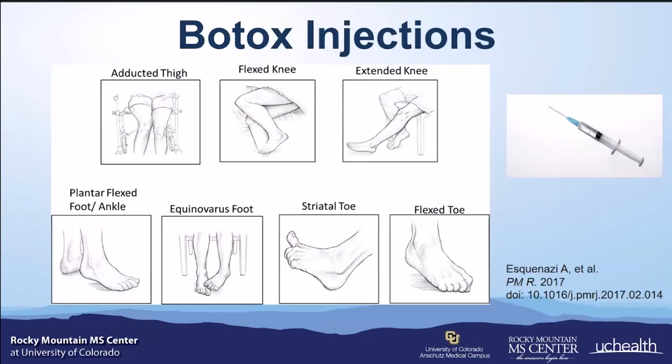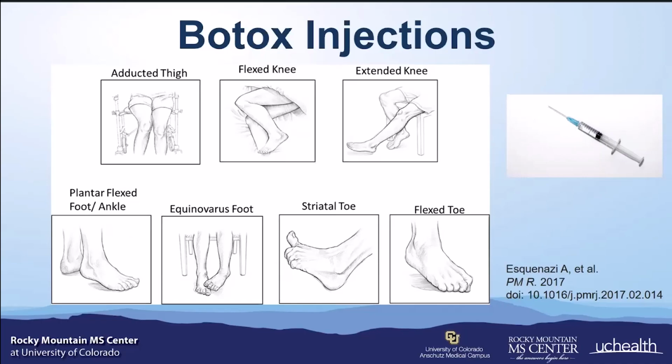Here's another modality that we sometimes use for folks with more moderate to severe spasticity: Botox injections. I'm sure many of you are familiar with Botox, but it actually is a toxin, botulinum toxin, which comes originally from a bacteria, and it's basically a paralytic agent. So it prevents the neuron from actually firing.